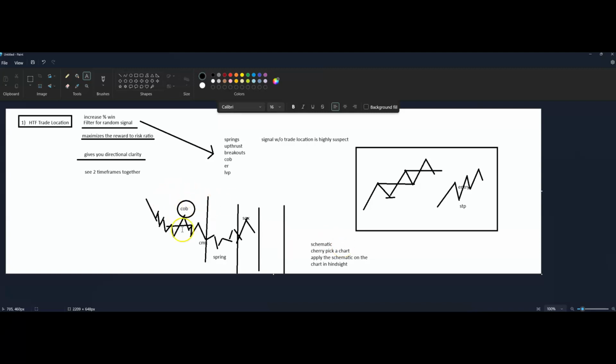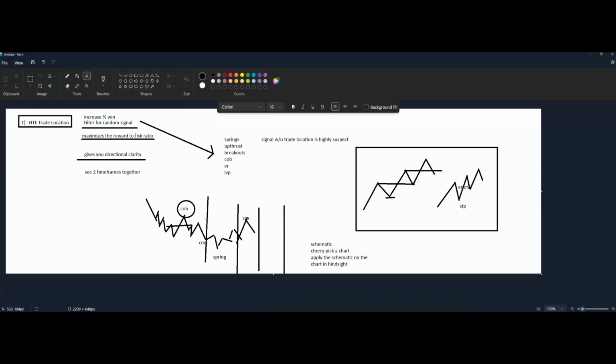If you focus on behaviors, whatever schematic, etc., without trade location, it is not going to work consistently. It will have a high degree of randomness, and that will create all types of issues with perception of actual direction, and will also create fear. And you'll either be able to execute or you won't be able to execute and have losses and miss trades and all that.